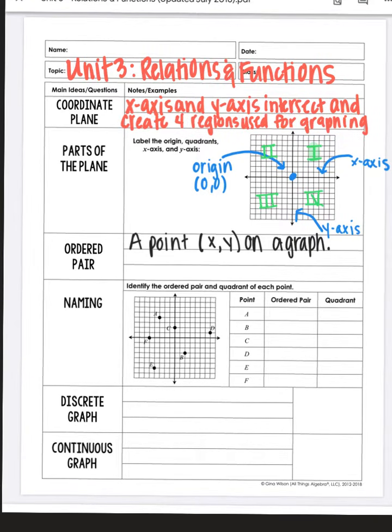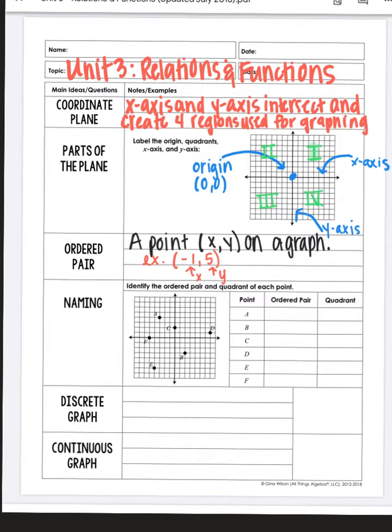So for example, I could have a point as -1, 5. So the -1 is the x value and the 5 is the y.